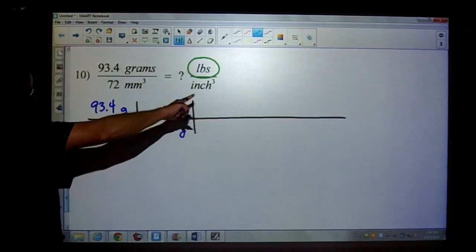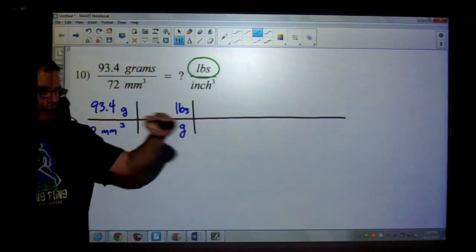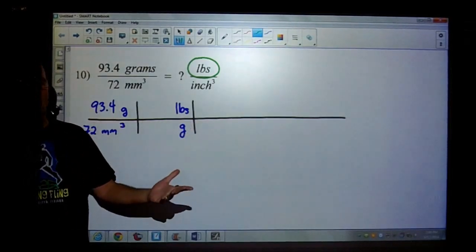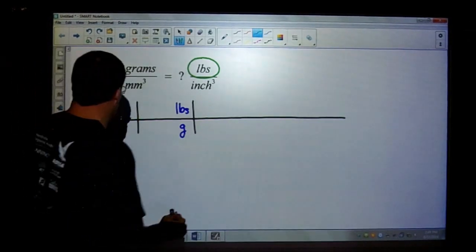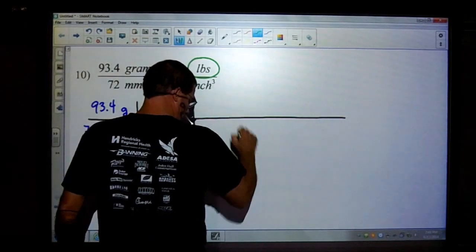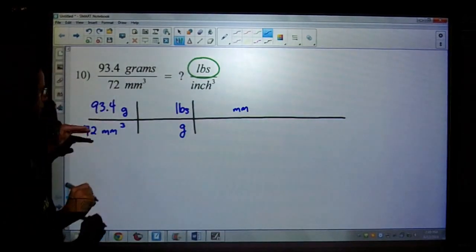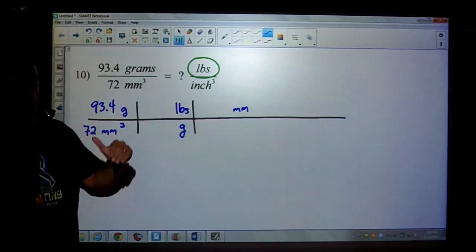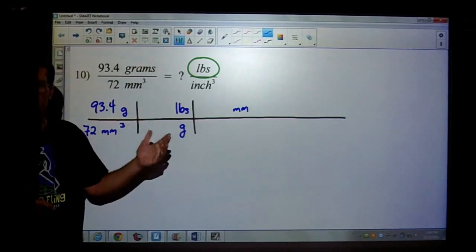Now we're going to do our millimeters cubed. But remember, try to do it as a linear function first, then we'll go back and put either the square or in this case the cube on there. So let's go millimeters first. We do not have a conversion that can get us from millimeters to inches, but we do have a conversion that will get us from inches to centimeters.